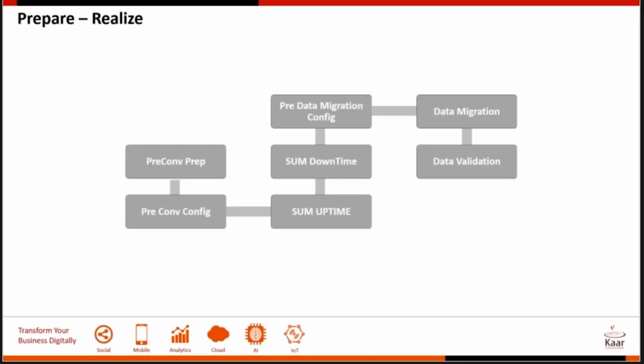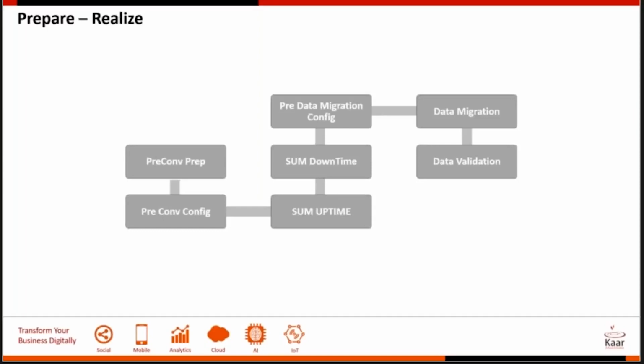And in the deploy phase is the actual go-live, and then the run phase, which talks about how you continue operations. For the purpose of this discussion, I limit myself to the prepare and the realize phases, because this is really the crux of the complete conversion. So between the prepare and the realize phases, we already talked about the maintenance planner, because we suggested that you run it a little sooner.